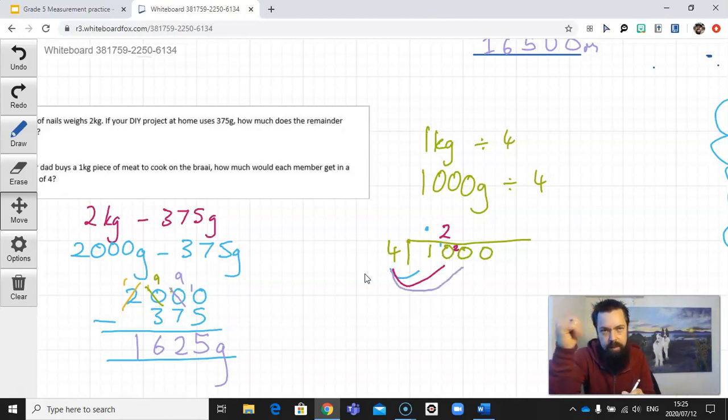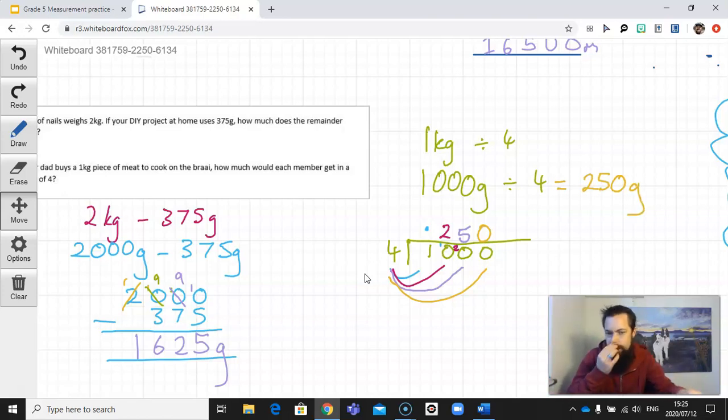And the answer is 4, 8, 12, 16, 20. It goes in 5 times with nothing left to give to the neighbor. So we then ask ourselves, how many times does 4 go into 0? That's like sharing nothing between 4 people. Everyone still gets nothing. All right, so 250, which means that each of the steaks that Dad cuts up to share among the family is 250 grams.